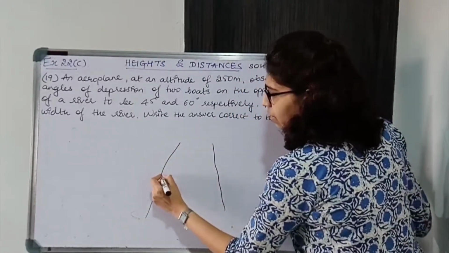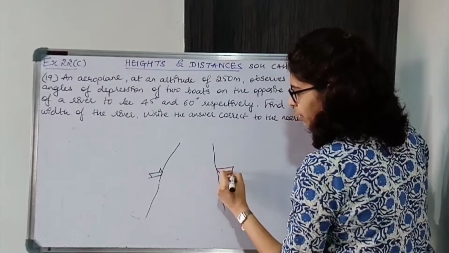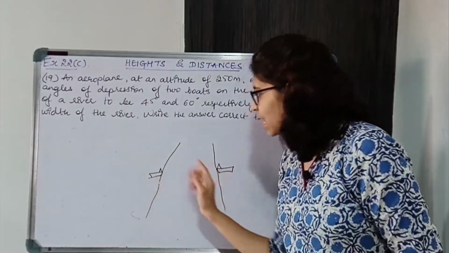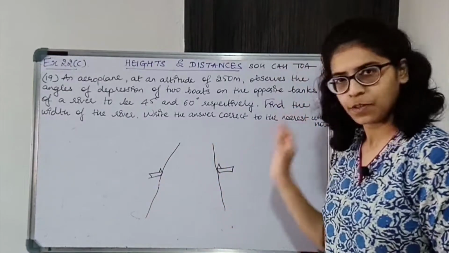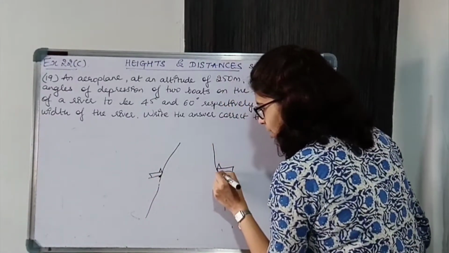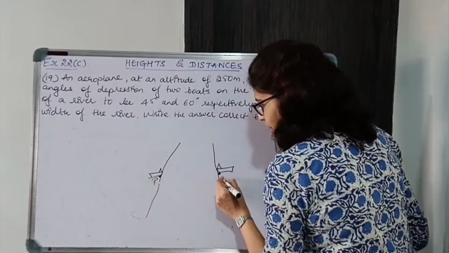We are assuming that both the boats are at the edges of the banks. So one boat is at some point and the other boat is at some point. Let this point be P, let this point be Q.